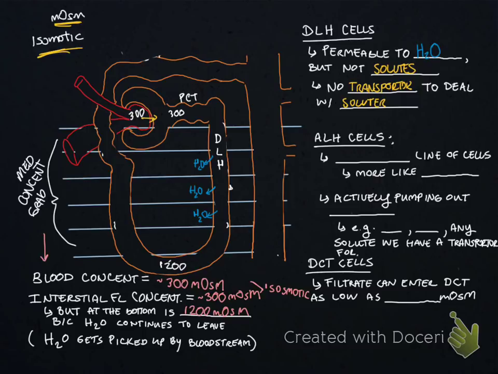Now what about the ascending loop of Henle? The cells here are waterproof. They're thicker and waterproof. They're sort of like the proximal convoluted tubule.